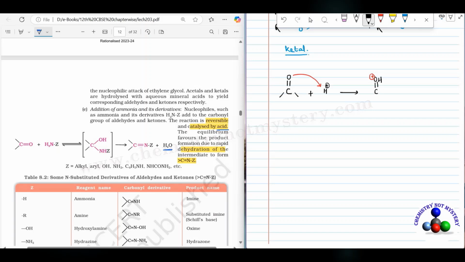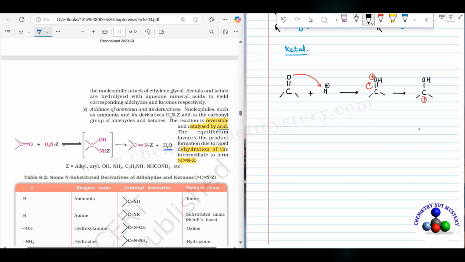And here you will get H. Now to neutralize the charge over oxygen, pi electrons move to oxygen. And as a result of it, this carbon develops positive charge. So here it was OH and there were two valencies of carbon, and now this carbon becomes positively charged. So this electrophilic carbon undergoes nucleophilic addition reaction.